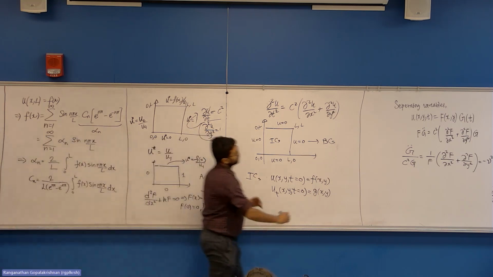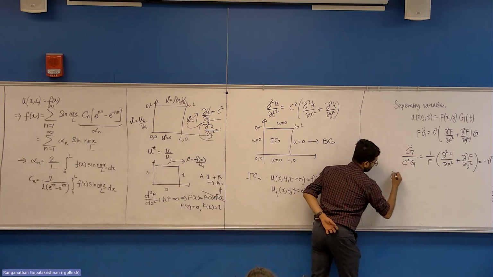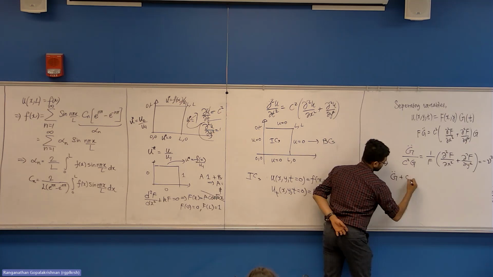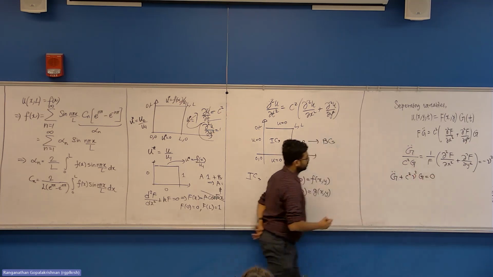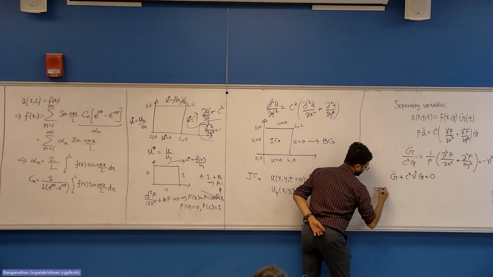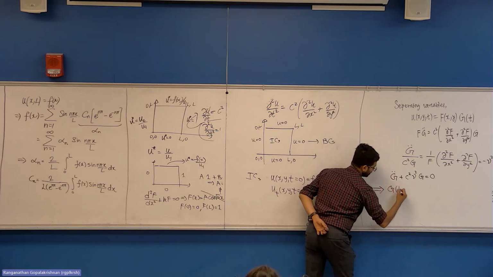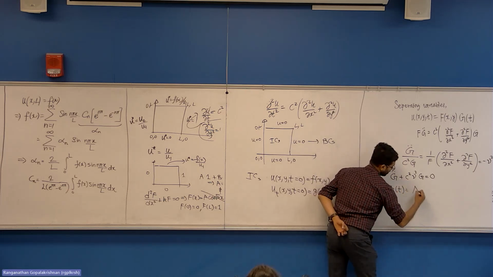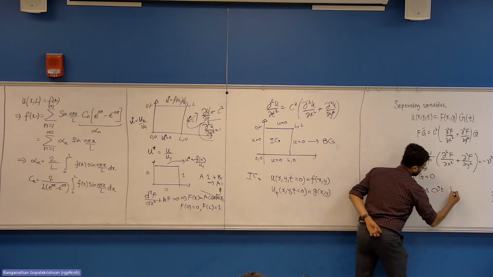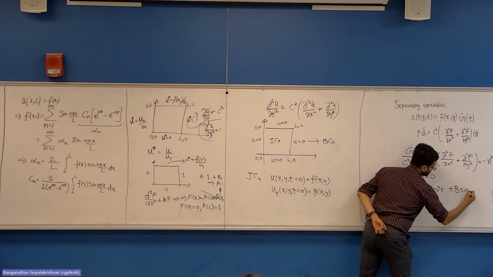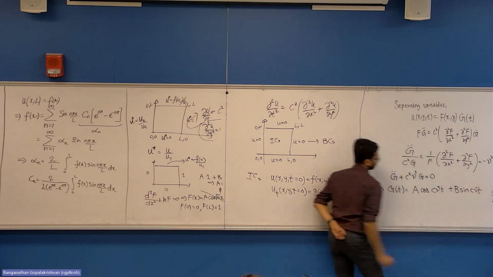So we would get G double dot plus c squared nu squared G equal to 0, which would give G of t equal to a cos(c nu t) plus b sin(c nu t).